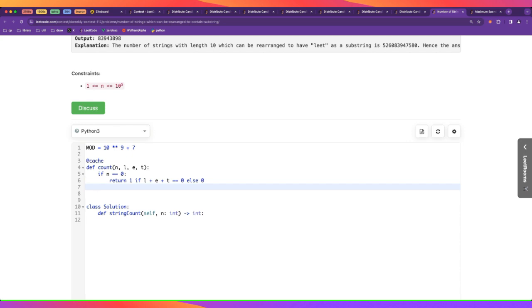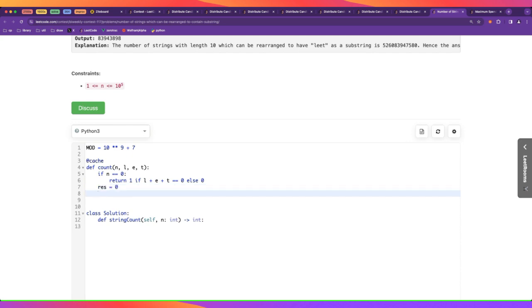And here we have, so the next character could be an L, could be an E, could be a T, or could be something else. We don't care what the other choice is.